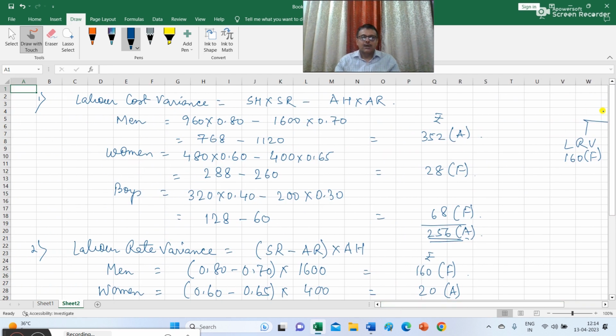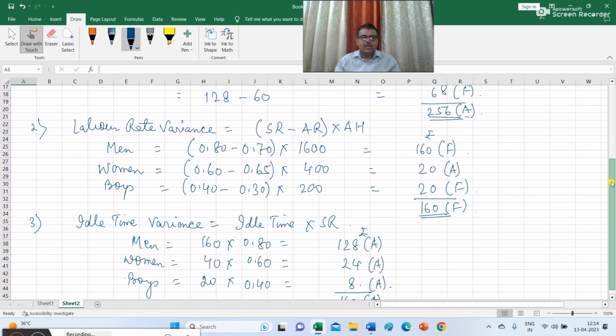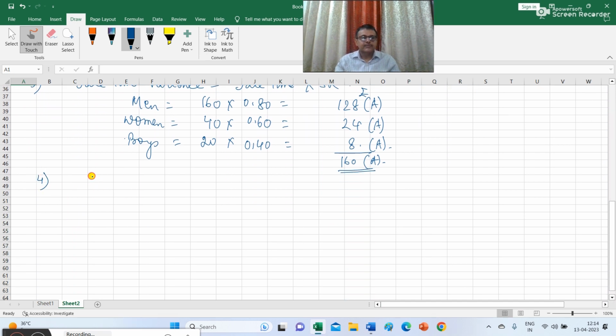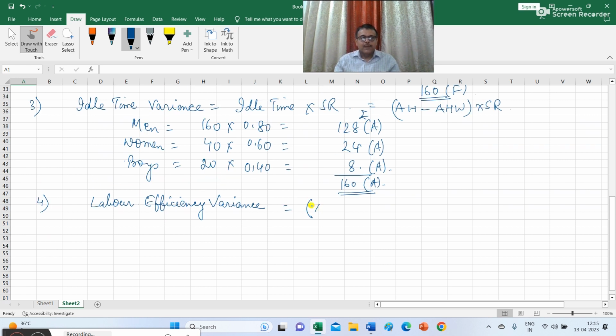Now I'm going to calculate the labor efficiency variance. Once you calculate the parameters, it will be very easy to find these variances. So labor efficiency variance is standard hours SH minus AHW, that is actual hours worked, multiplied with standard rate.